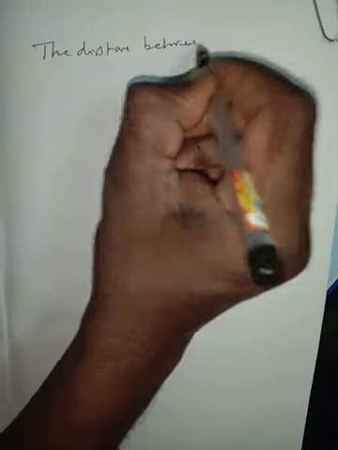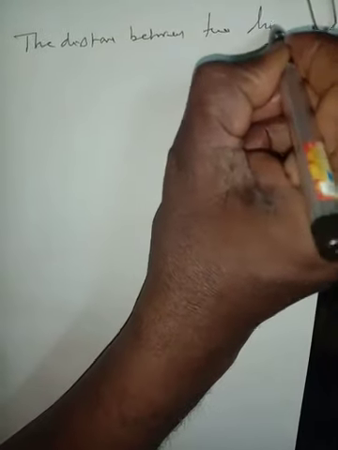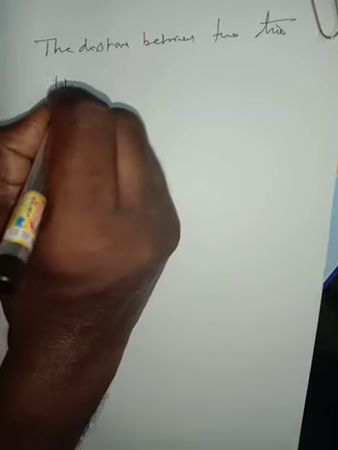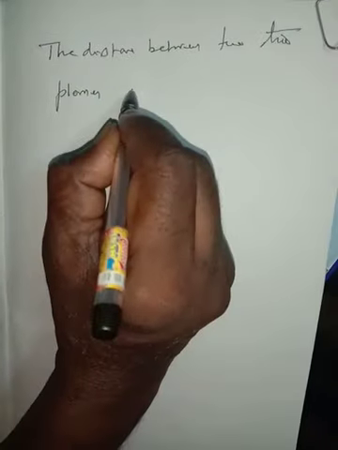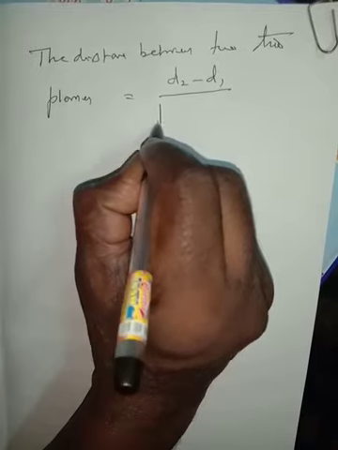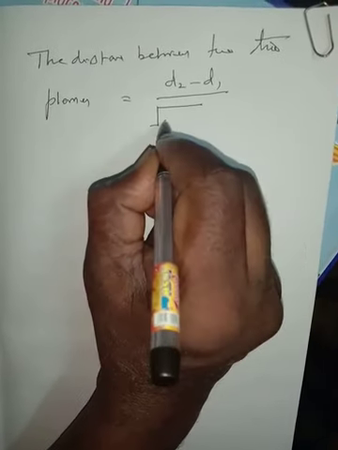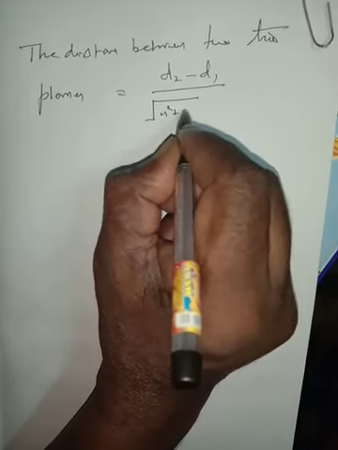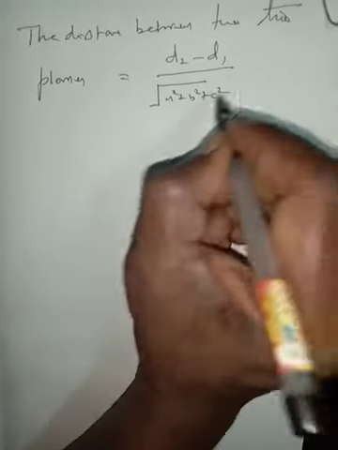The distance between the two planes. Formula: d2 minus d1 divided by square root of a square plus b square plus c square.